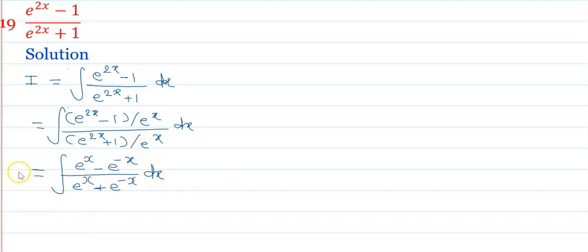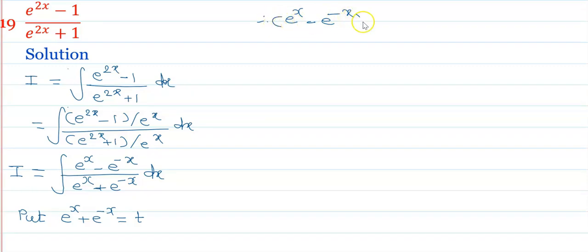Now the substitution: what is the substitution? Put e raised to x plus e raised to minus x equal to t, and therefore the derivative of e raised to x is e raised to x, and of e raised to minus x is minus e raised to minus x.